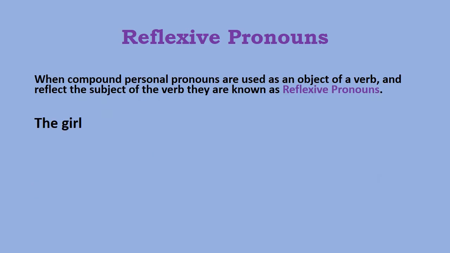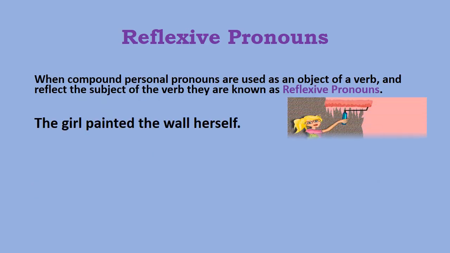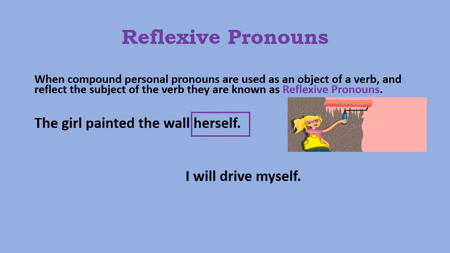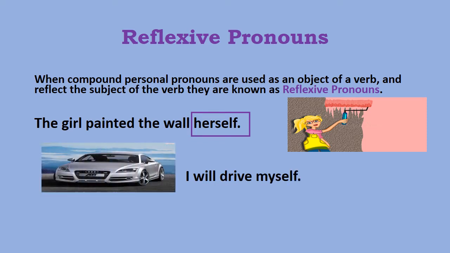For example, the girl painted the wall herself. Here, herself is a reflexive pronoun. It is reflecting the girl who painted and it is used as an indirect object to the verb painted. I will drive myself.